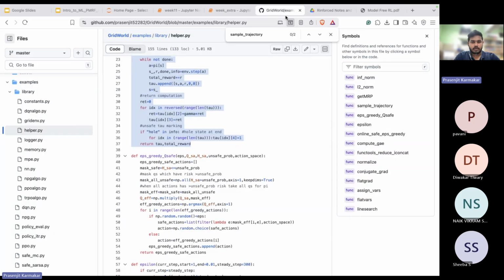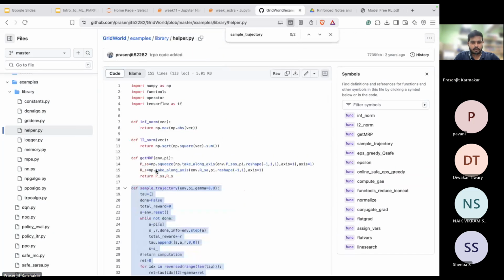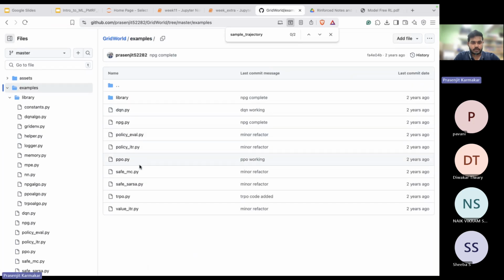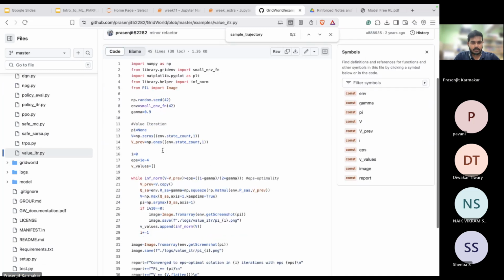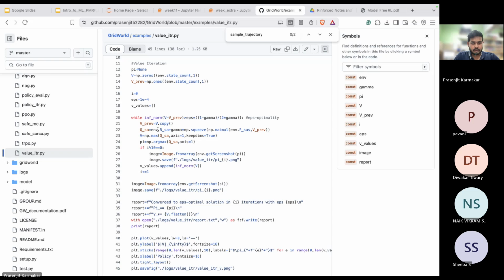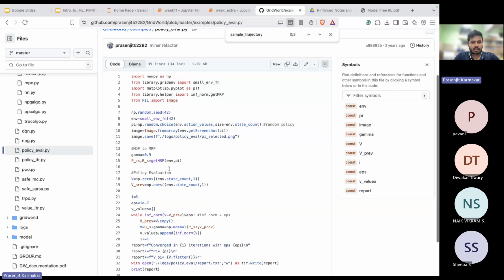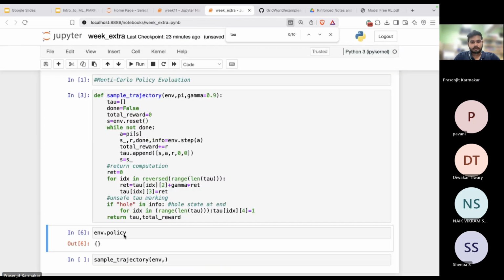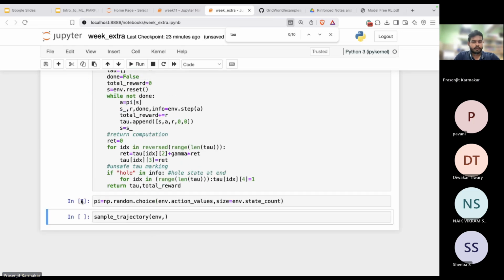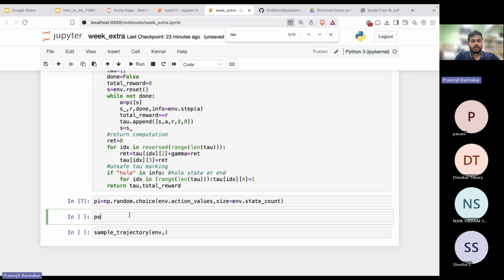Oh sorry, go here. Examples. Not value iteration, policy evaluation. I just take a random policy. So this is how you can generate a random policy. You just basically take random actions for all states. Fine. Now, from my environment, this pi looks like this.